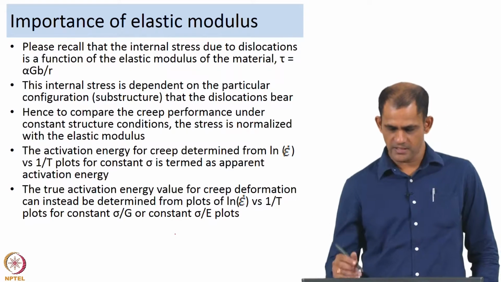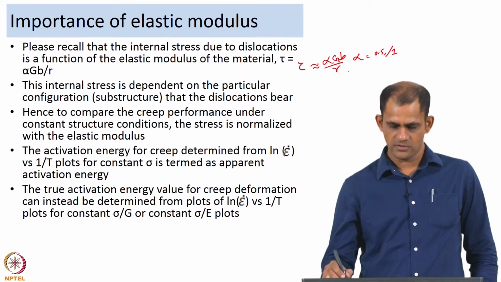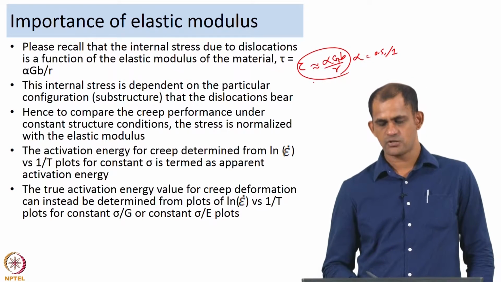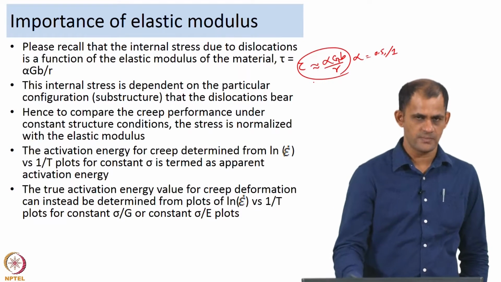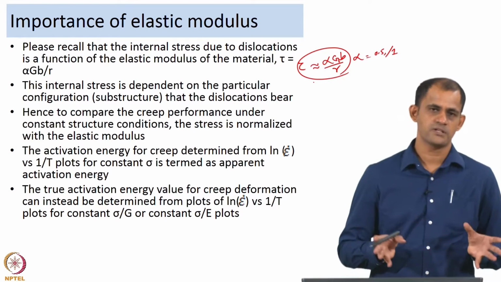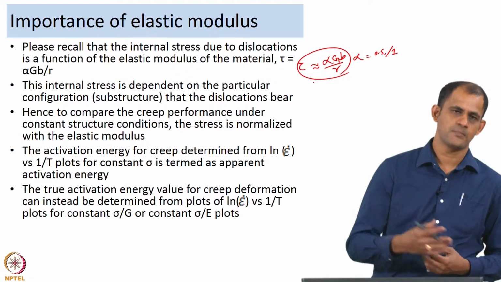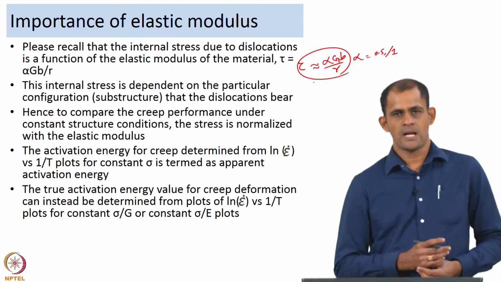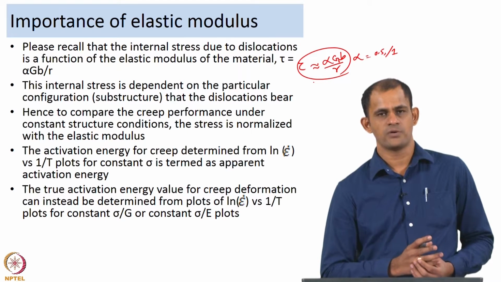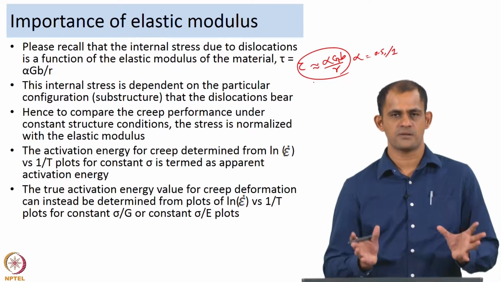Approximately, tau is some alpha G b by r, where alpha can be 0.5 or 1 or something like that. So, you have a dependence on the shear modulus or elastic modulus of the material, and r is the distance from the dislocation. The dislocation force field is dependent on the elastic modulus of the material, and what people have noticed is the stress field generated due to a certain dislocation substructure.